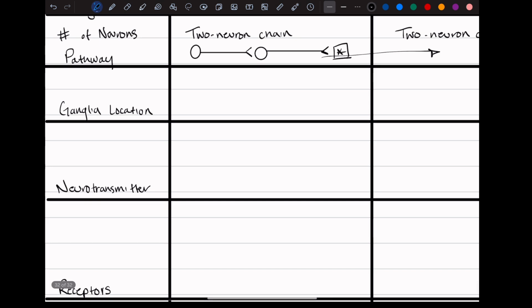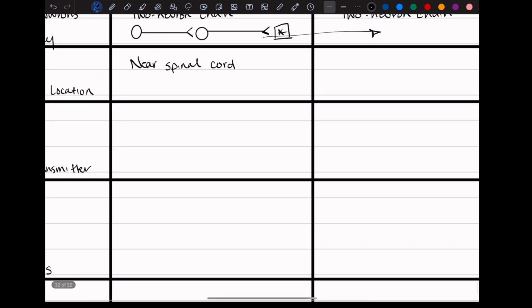Now, the location of the ganglia in the sympathetic division is going to be near the spinal cord. So we'll say near spinal cord. You can say we have two of them. The first one would be sympathetic chain ganglia, and the second would be collateral ganglia.